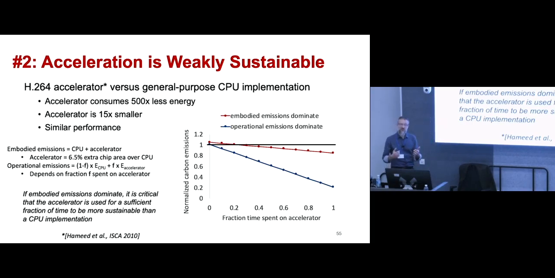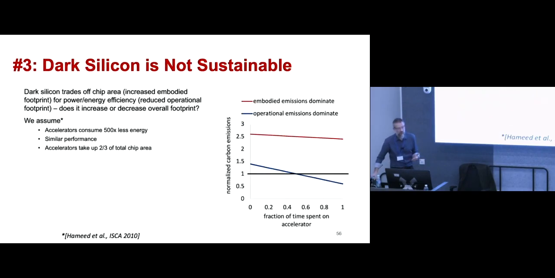But the question is, does dark silicon lead to an increase or a decrease in total carbon emissions? I would argue, my conclusion at least, is that dark silicon is harmful when it comes to sustainability. You're adding so much chip area that you're not using most of the time. You can't use it most of the time because of power constraints.